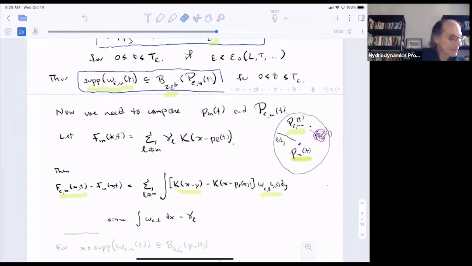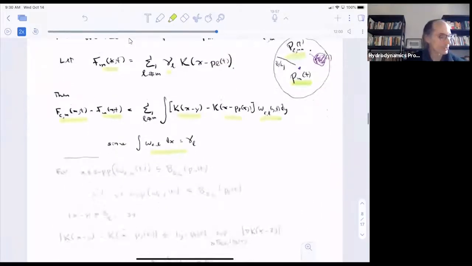And then for each m, the point is that the integral of omega epsilon L is always equal to gamma sub L. And so I can replace this by this integral. And I see that this is the thing that characterizes the difference between the two ODEs that I'm interested in. Okay, and so I just want to see if this is small.